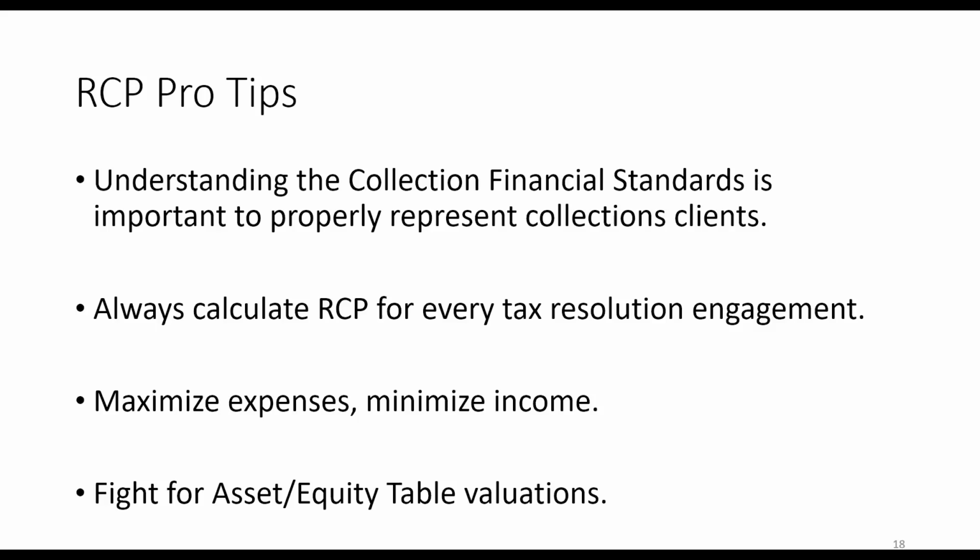Maximize expenses, minimize income. I'm going to give you a couple of tips here. For example, the gentleman I have with a $110,000 liability, I'm trying to get him into a partial pay installment agreement for $250 a month. One of the alternatives we could use is that he could go and buy a car.